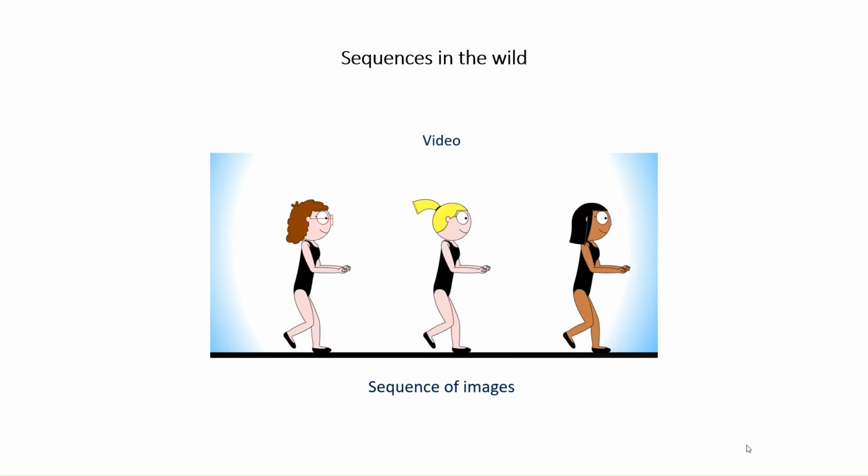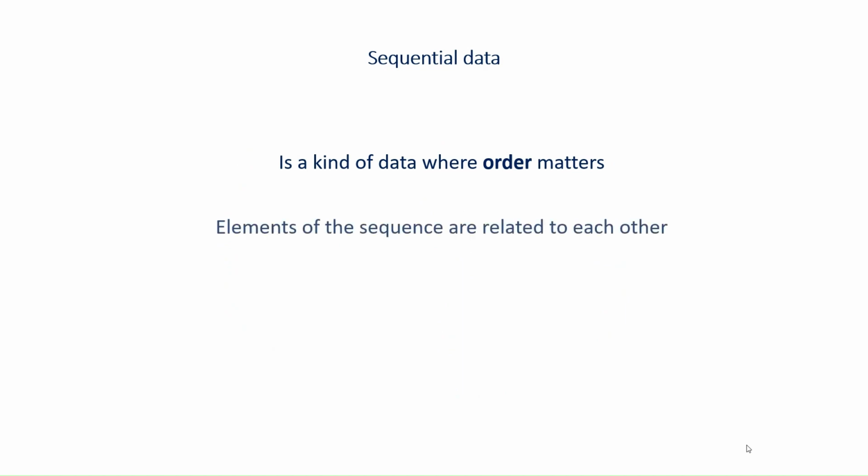So, what is sequence data? It's a kind of data where the order matters, meaning that the elements are related to each other in the sequence. Now the question is how to process this sequential data. The existing artificial neural networks and convolutional neural network models take a fixed size of input and produce a fixed size of output.